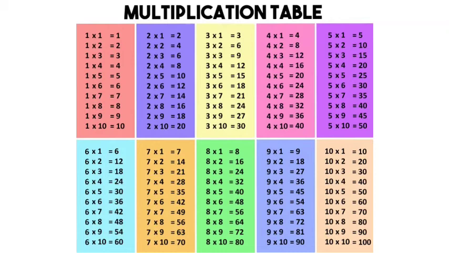Okay, Rishik and Rishit, you unmute yourself and tell the table. Okay, 6 table, tell me. Rishik and Rishit, you don't know the 6 table? Tell me the 6 table. 42?